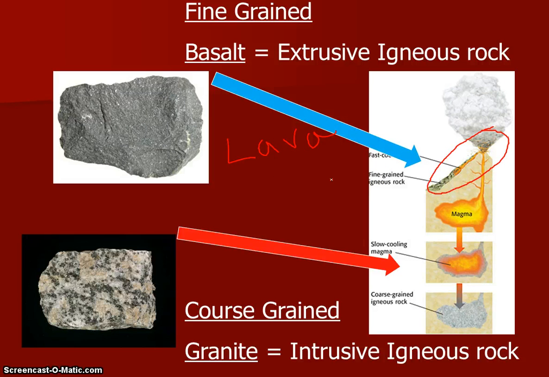Our coarse grain rock is granite, and you can see down here this magma. We've got magma here, it's still liquid, starting to solidify here, and down here in this bottom picture we see now we have rock. This has completely cooled, solidified, and we have intrusive igneous rock that's coarse grain. It took a long time for this to cool off, so it has a large grain. And so what is this going to form from? You got it, magma.